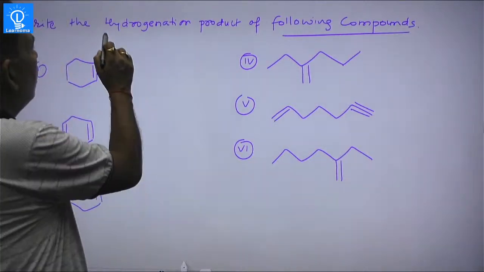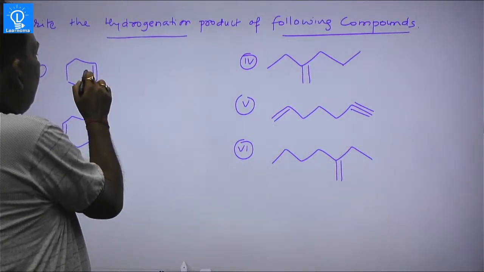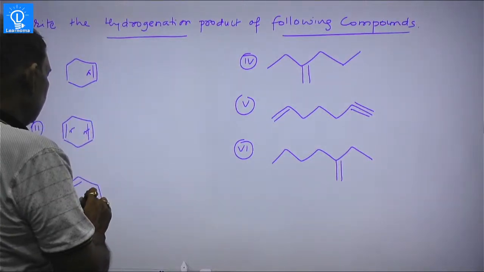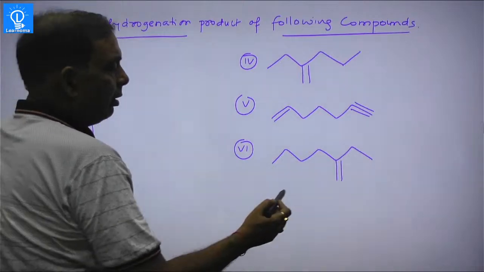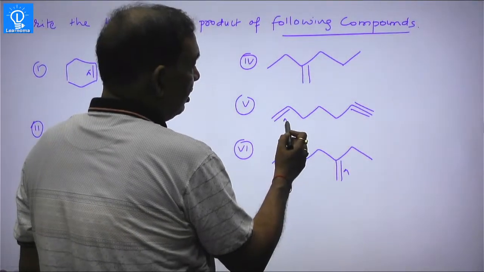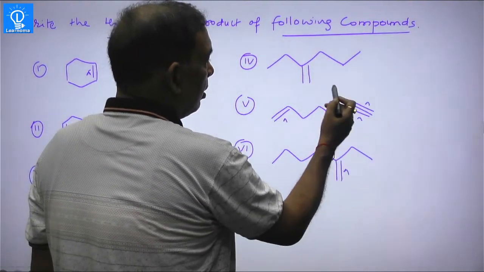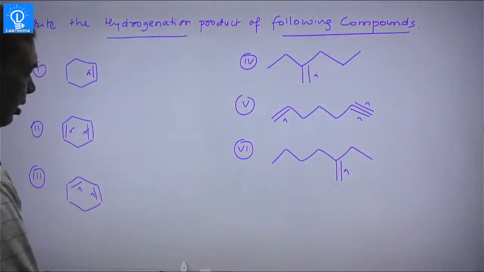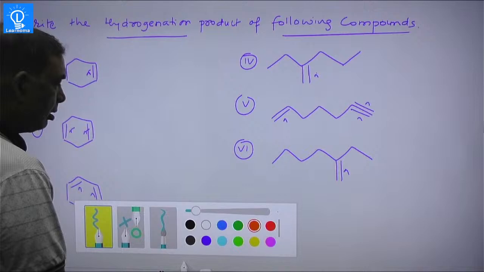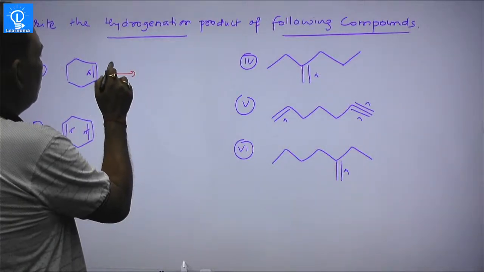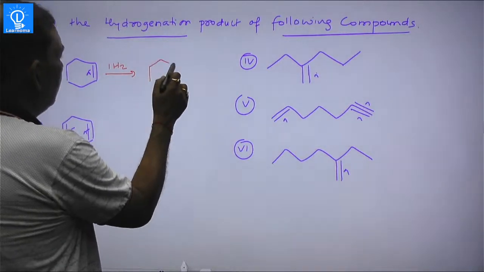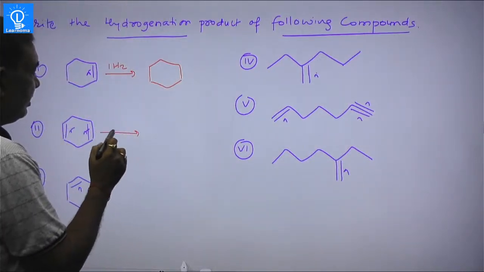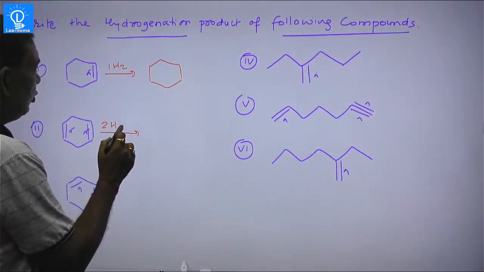For the hydrogenation product, just remove the pi bond and you will get the answer. Direct questions are very simple. It will consume how many moles? Just 1 mole. Just add 1 H2 and you are getting this. The carbon skeleton remains the same. Just add 2 moles H2 and you are getting this.